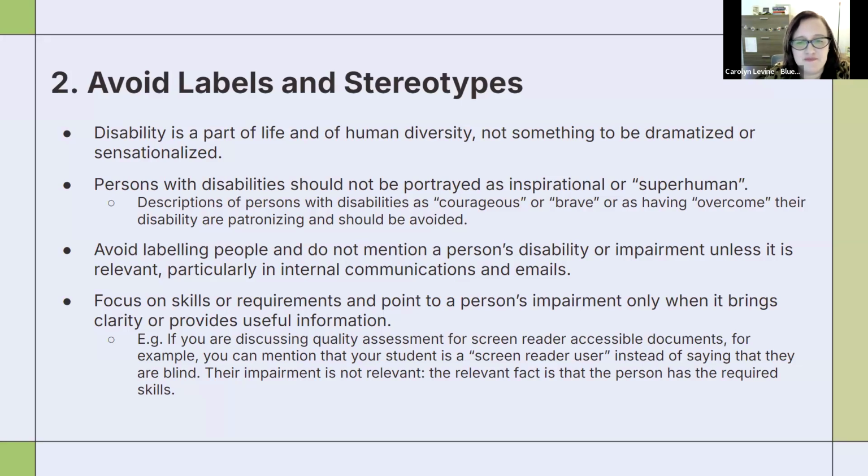Let's say you're discussing this with your colleagues, you can mention that you have a student that's a screen reader user instead of saying, oh, I have a student that's blind that could help with this. The impairment isn't really relevant. What's relevant to this conversation anyway is that they are a screen reader user, that they have that particular skill, not so much why they have that particular skill, if that makes sense.